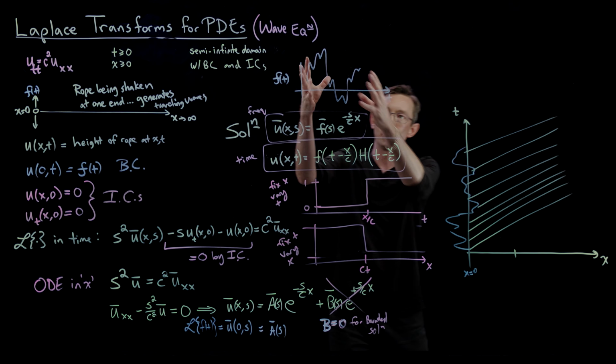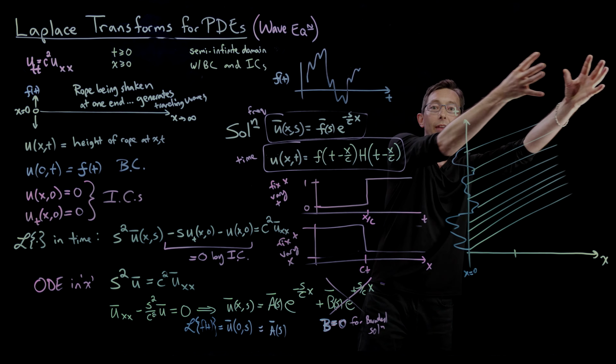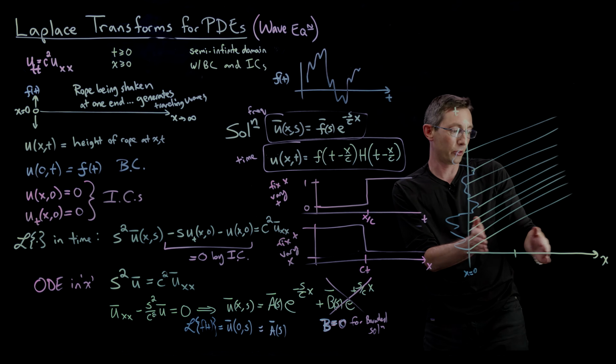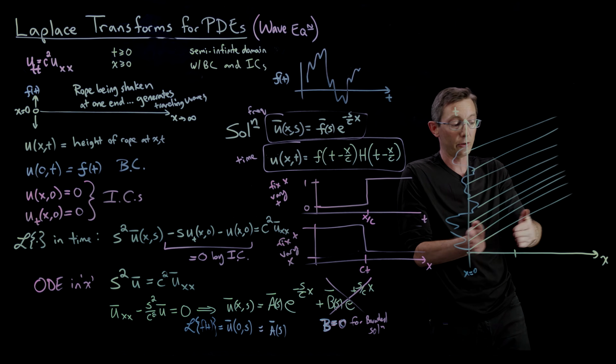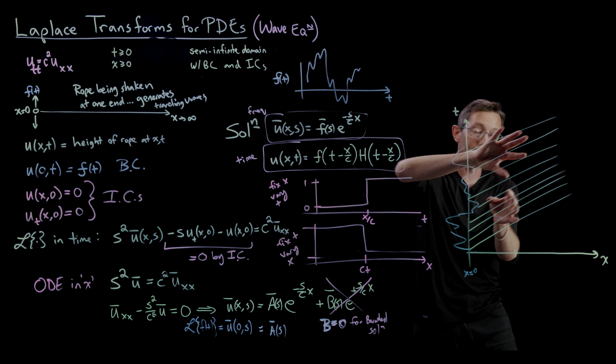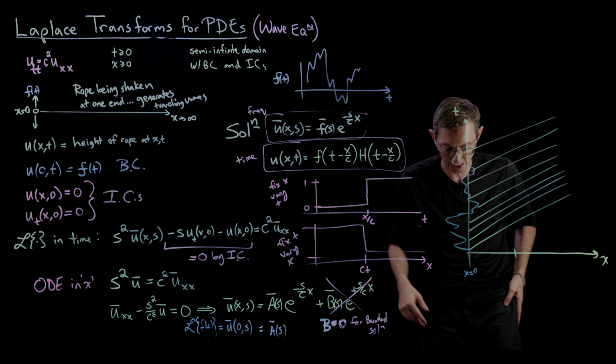So that forcing position will essentially be traveling down that rope. This is it traveling down that rope to farther and farther locations downstream, to farther and farther x's as time progresses, as that information has time to travel down to those downstream locations.